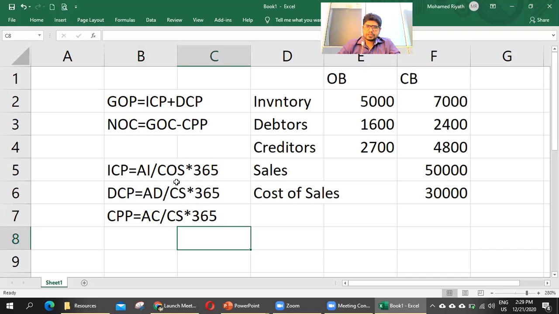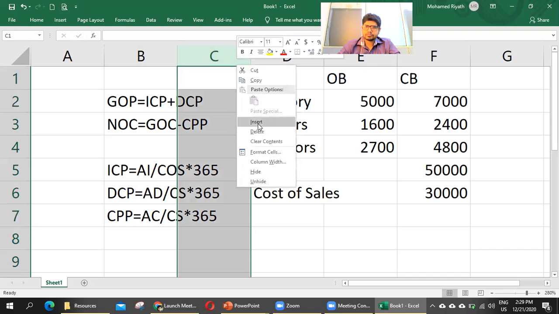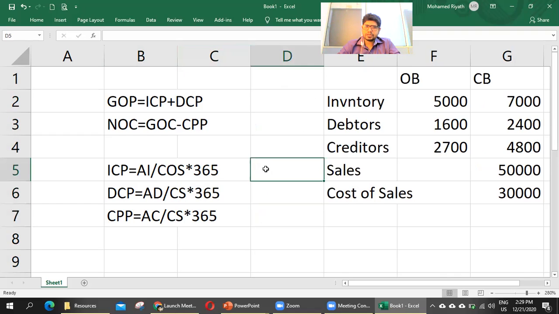When we apply this equation, how do you calculate average inventory? Opening balance plus closing balance divided by 2. Opening balance 5,000 plus closing balance 7,000, divided by 2, average is 6,000.